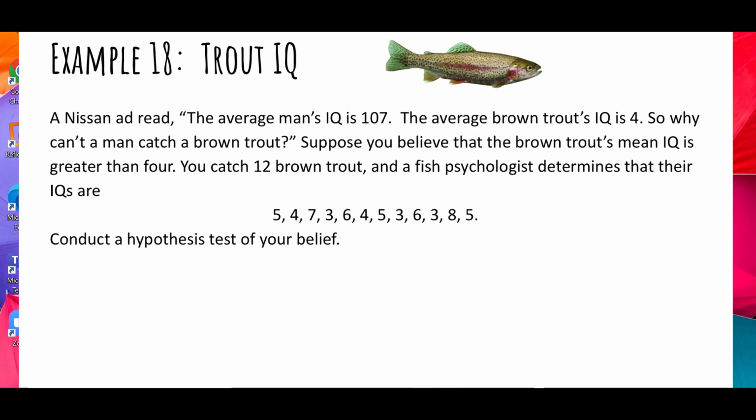And while it doesn't say to, I think it's a good practice to find your confidence interval as well, and see if you can figure out whether or not the confidence interval agrees with the conclusion that you made about your H1, and if so, why.